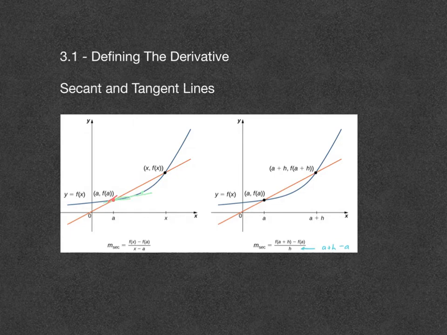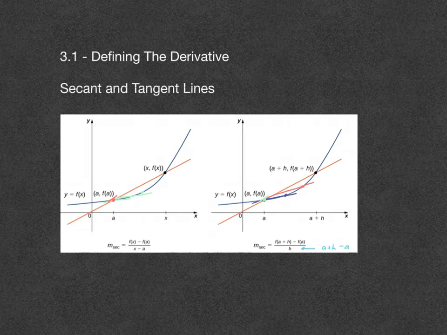So as I get smaller and smaller distances away from a, and I can do the same thing on the other graph, the distance away that I'm moving is shrinking. The value of h is getting smaller and smaller as I get closer and closer to a. And ultimately, when I'm at the point a, h is so small it is basically 0. And then that is our slope of a tangent line.